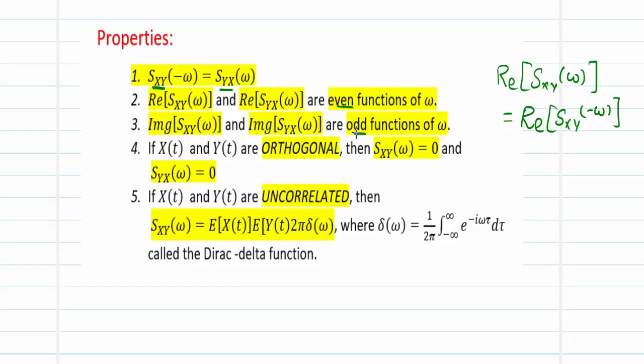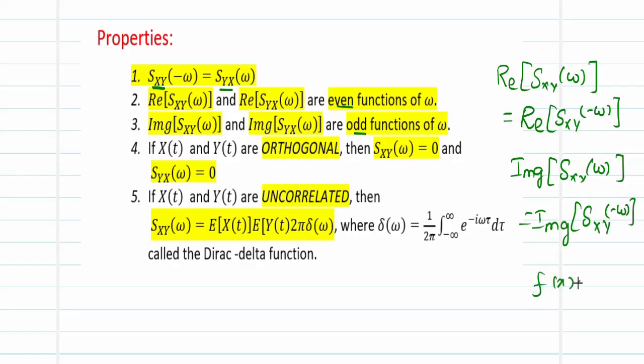The next property says the imaginary part of Sxy of omega and the imaginary part of Syx of omega are odd functions of omega. What do you mean by an odd function? If f of x is equal to f of minus x, you call it an even function, and if f of minus x is equal to minus f of x, then you call it an odd function of omega.